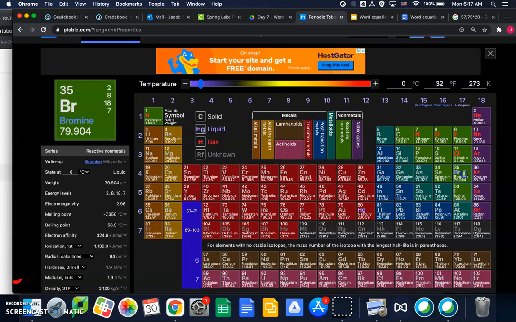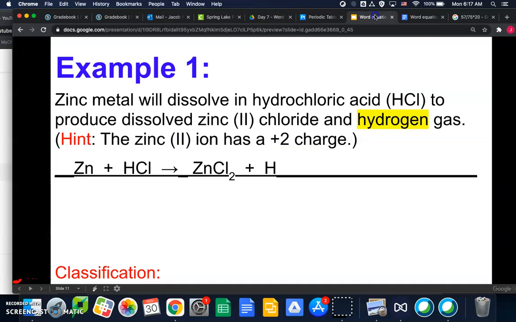We have 1, 2, 3, 4, 5, 6, and those 6 make up, it looks like a 7. Right here, if you look at that, the shape that those 6 elements make out. So there's your 7, and then hydrogen is the +1. And so then for that reason, we are going to need 2 hydrogen atoms.